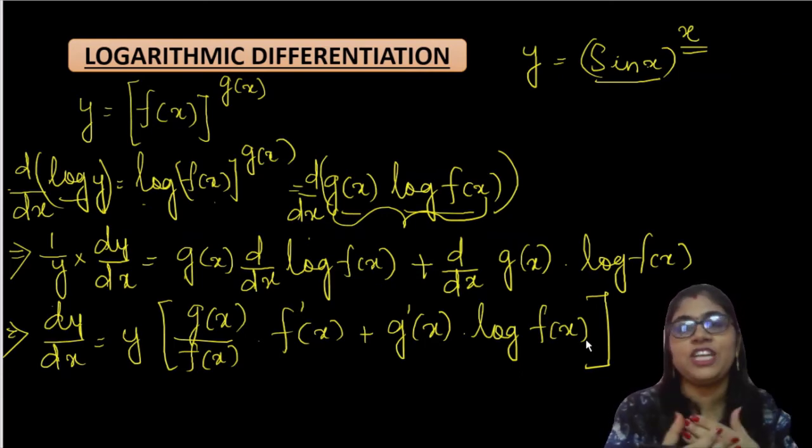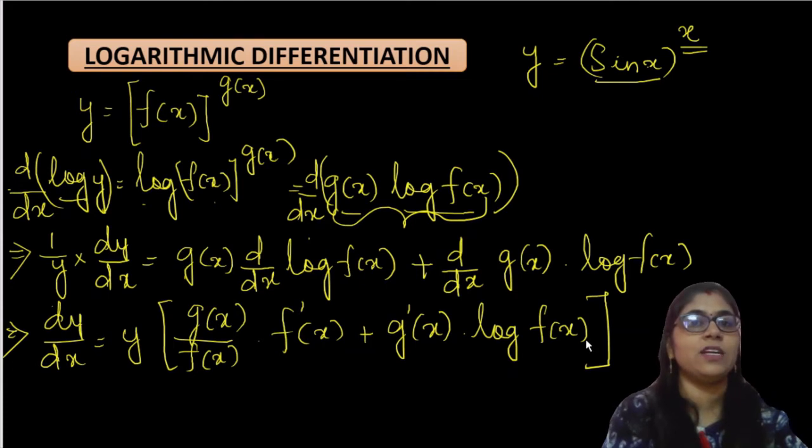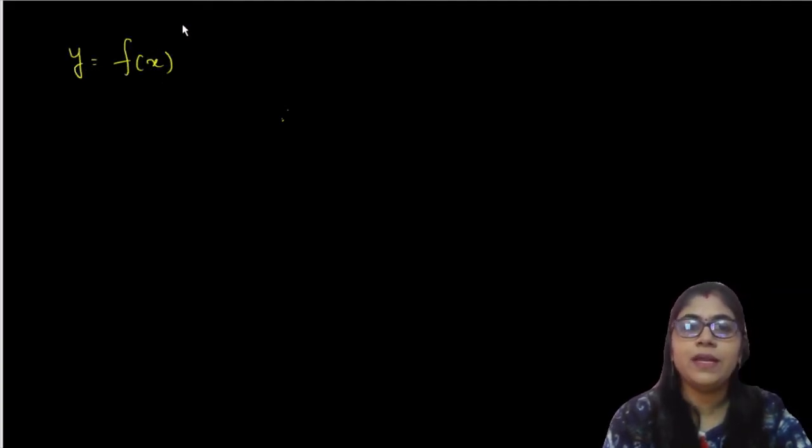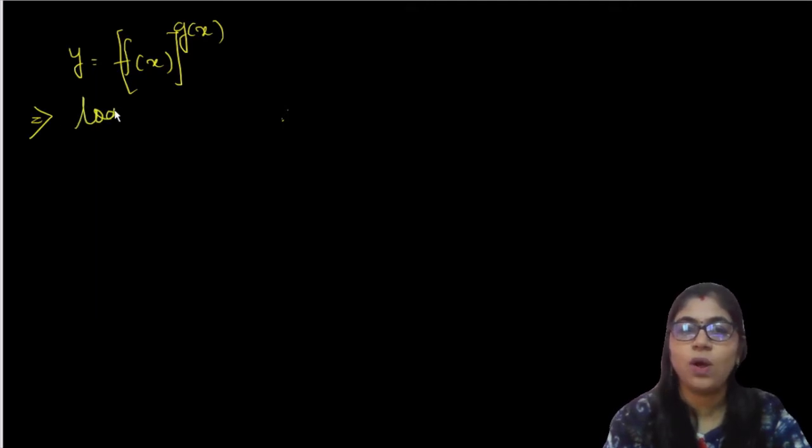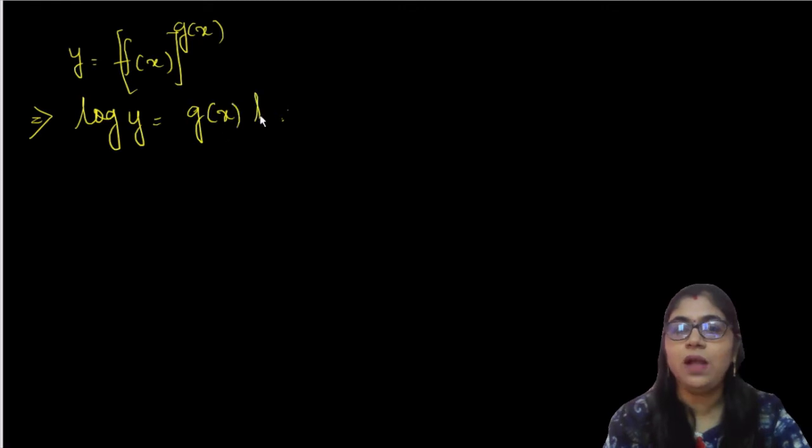We can differentiate exponentially also. In this type of function, we can apply the exponential method also. So let's see how we'll apply it. If it is given y equals f(x) to the power g(x), now we'll take logarithm of both the sides. This implies log y equals g(x) log f(x). This we have understood in the previous part.